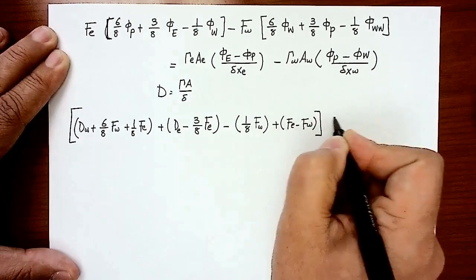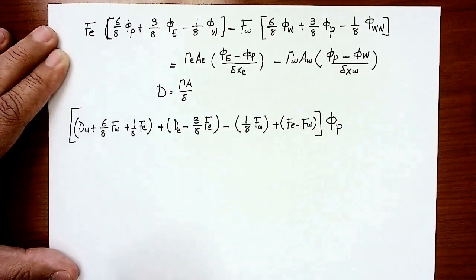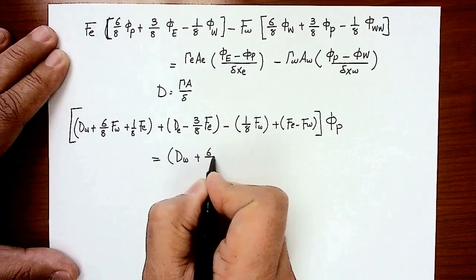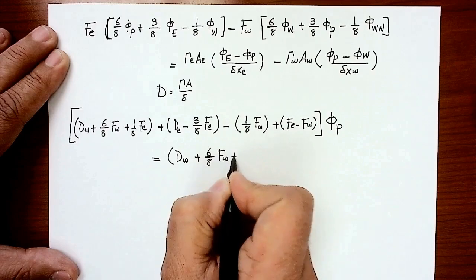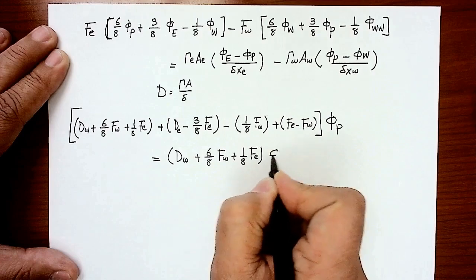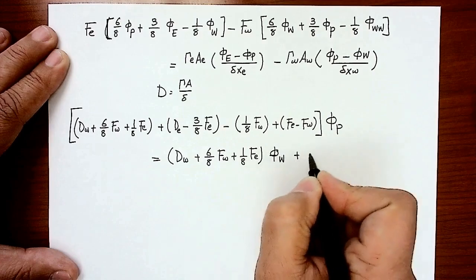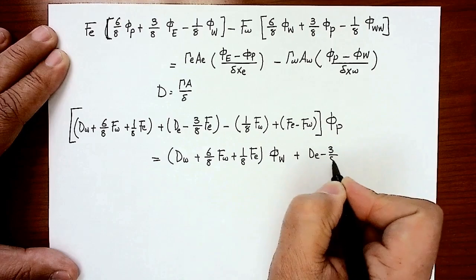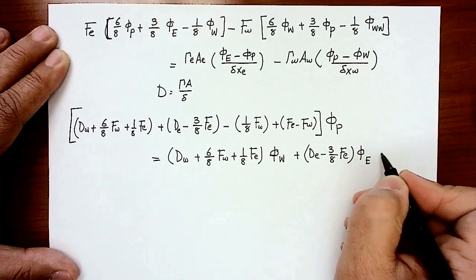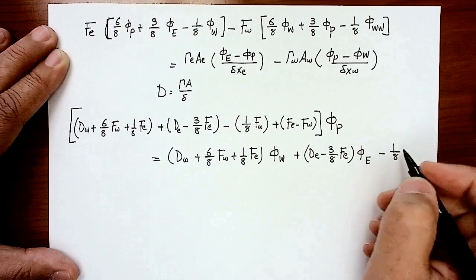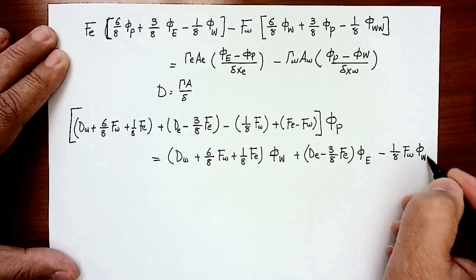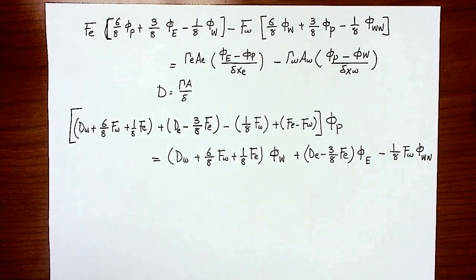Those total terms multiplied by phi P are equal to D west plus 6 over 8 F west plus 1 over 8 F east, multiplied by phi west, plus D east minus 3 over 8 F east, multiplied by phi east, minus 1 over 8 F west phi WW.